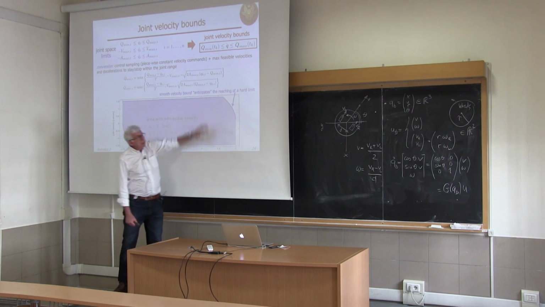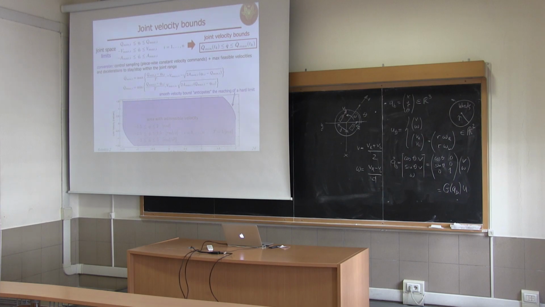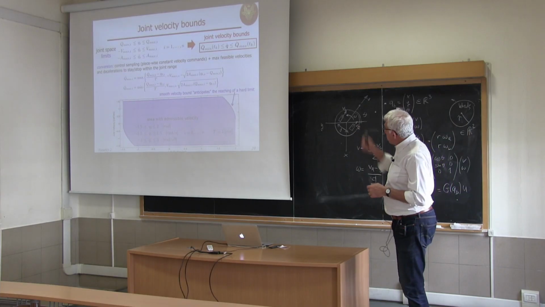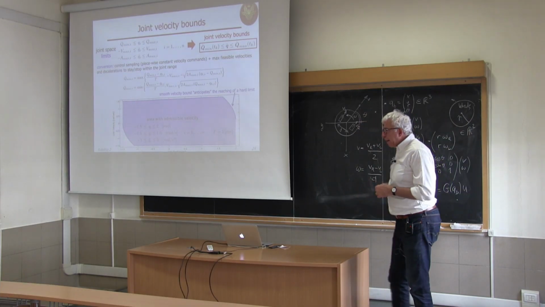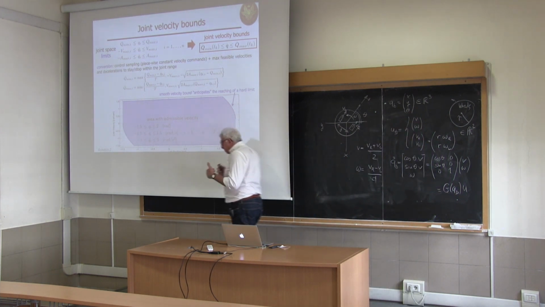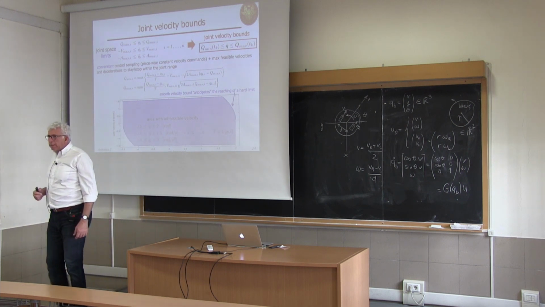The third scalar in this set is instead a limit coming from the acceleration constraint. And this is treated in a slightly different way. We associate a bound on velocity, which is coming from the fact that we cannot accelerate or decelerate more than the A max values, but we need to, let's say, limit the velocity in such a way that with this acceleration we could stop the motion in one step.